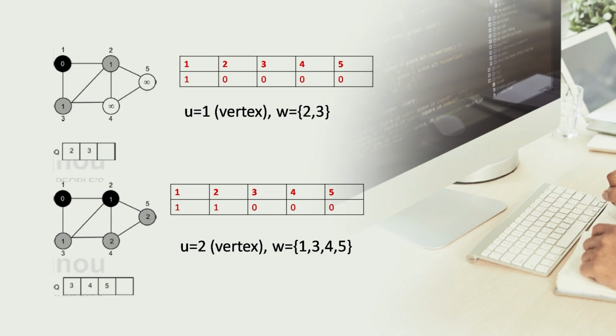The u means the value becomes 2. Now the next step, again you have to add the adjacent vertices of 2. So what are the adjacent vertices to 2? 1, 3, 4 and 5. So check in the already built queue, 2 and 3 are already added, 1 is already visited, and you have to add only 4 and 5.